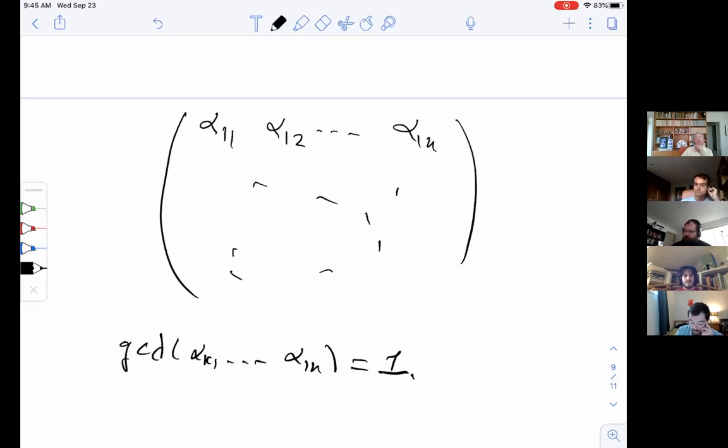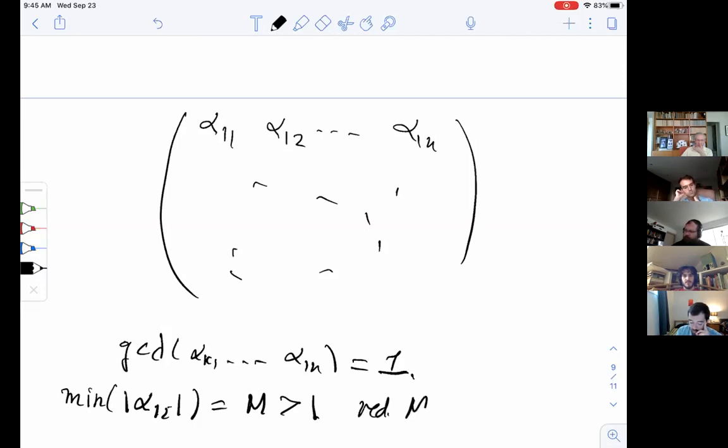So by the Euclidean algorithm, let's consider the minimum of the absolute value of the alpha 1i. So that's m. Suppose it's greater than 1. Then by adding or subtracting one of the elements from another, I can reduce it.